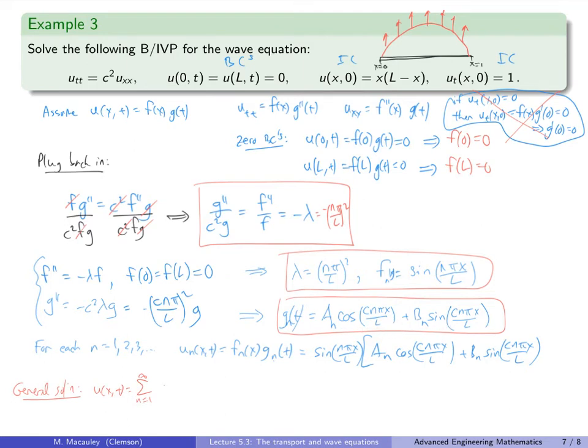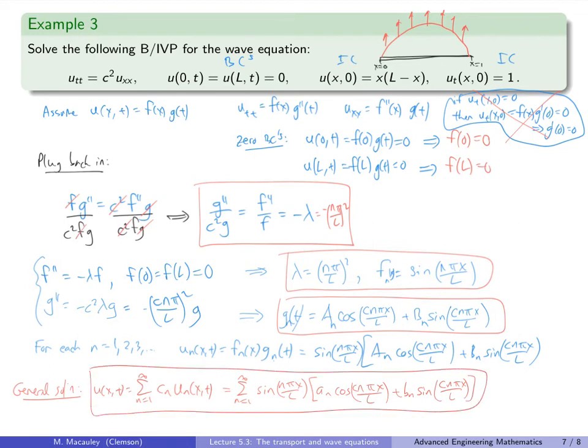Although there's really two constants buried in here, so I think the best way to write this is the sum from n equals 1 to infinity of sine of n pi x over L times, I'm going to make these lowercase just to match what we do with Fourier series, a_n cosine of c n pi t over L plus b_n sine of c n pi t over L. So that is our general solution to this boundary value problem for the wave equation.